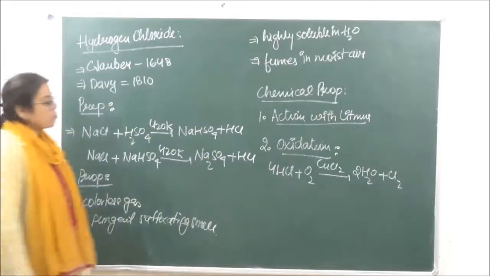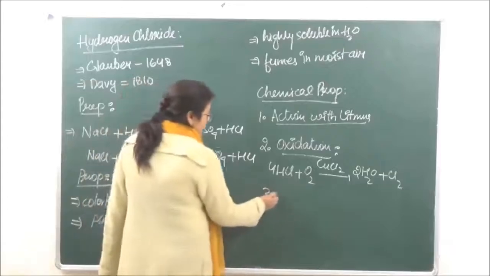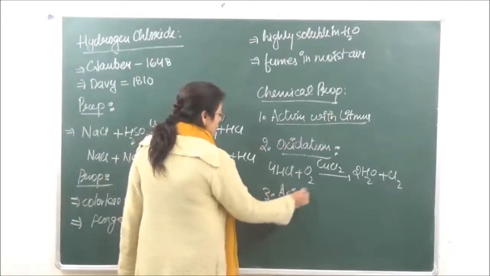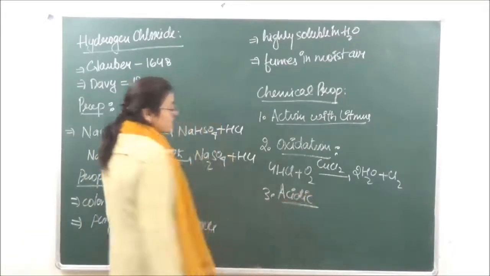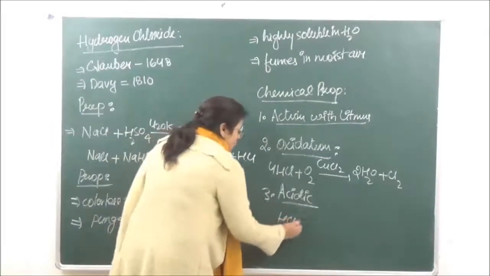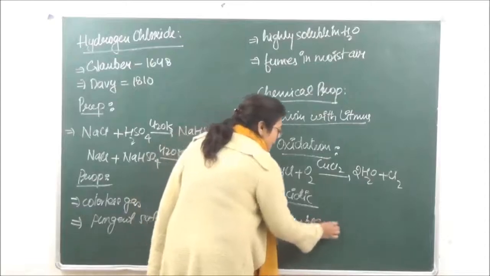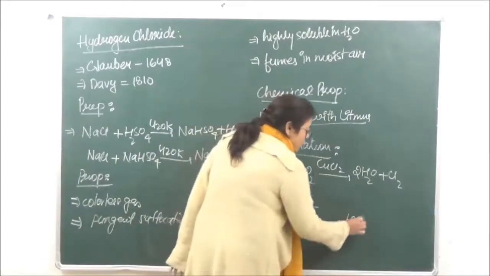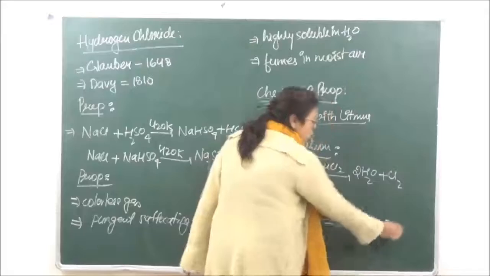Then obviously it is going to be acidic in nature, and it behaves as an Arrhenius acid. So ये water के साथ react करती है to give hydronium ions in aqueous solution.